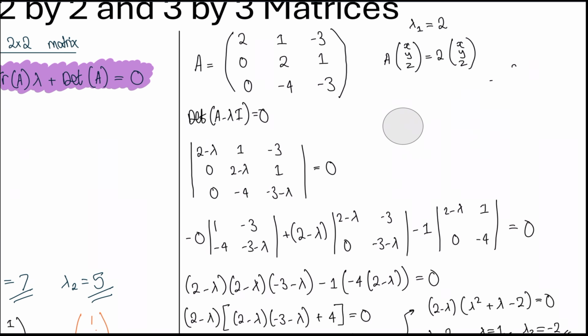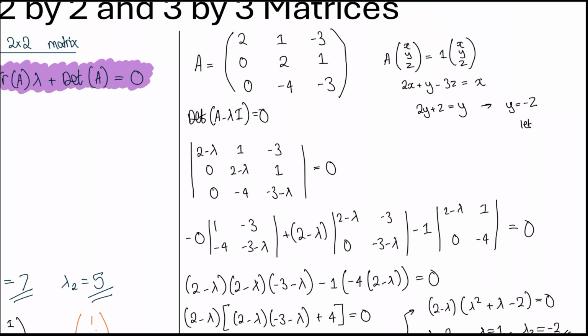If we now do a similar thing with 1, we get 2x plus y minus 3z is equal to x. 2y plus z is equal to y. If we look at this, we're going to get y is equal to minus z.